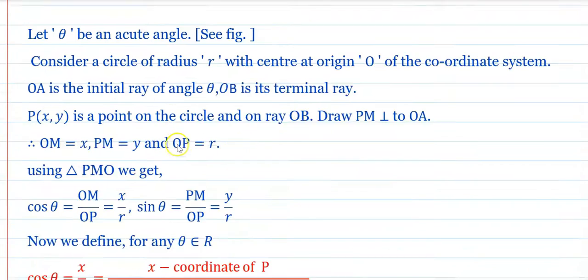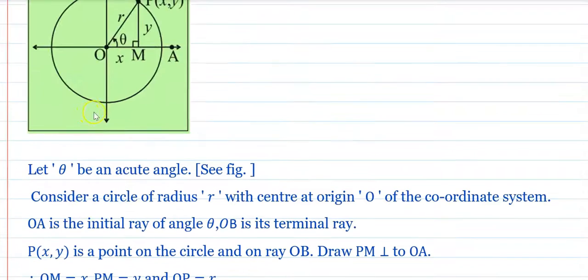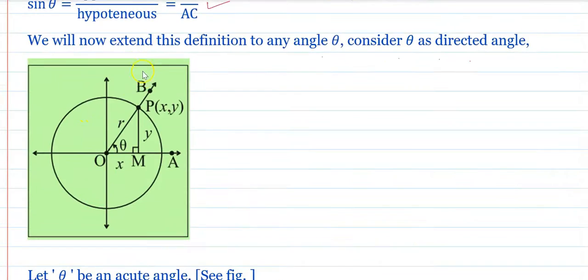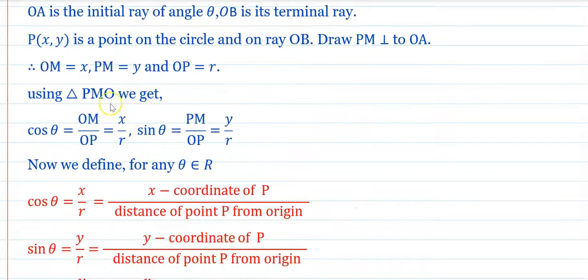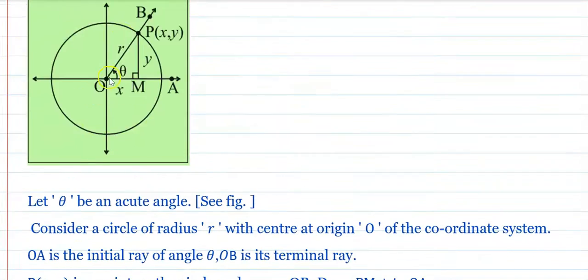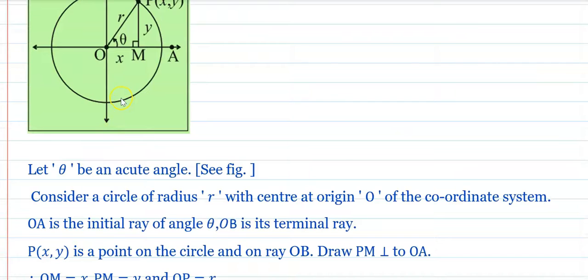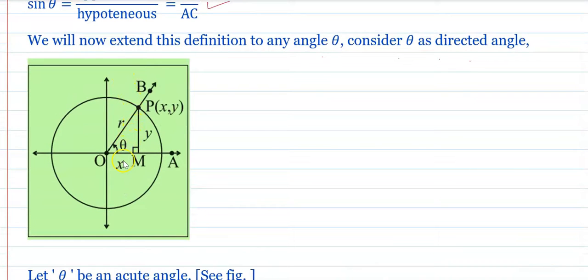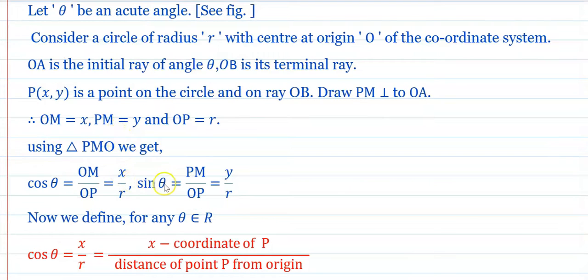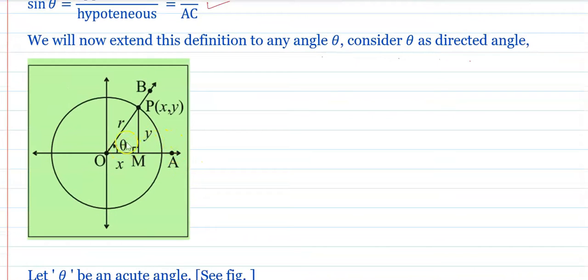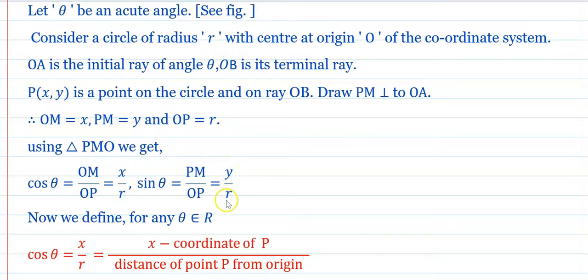OM is equal to x, and PM is equal to y. Therefore, in triangle PMO, cos theta is the adjacent side upon hypotenuse, therefore you will get x upon r. And sine theta is opposite side upon hypotenuse. The opposite side is PM, hypotenuse is OP, that is y upon r.